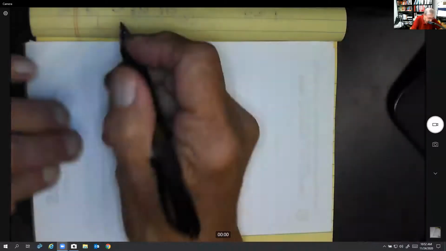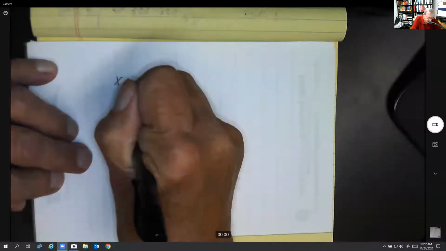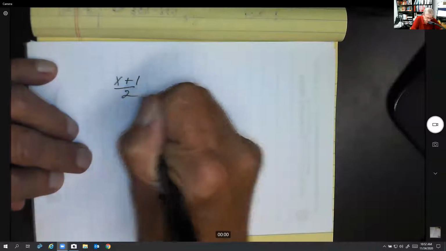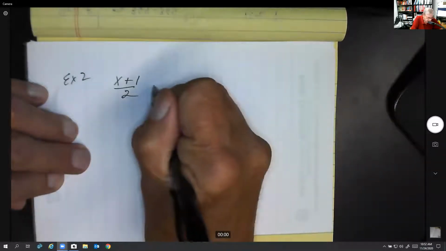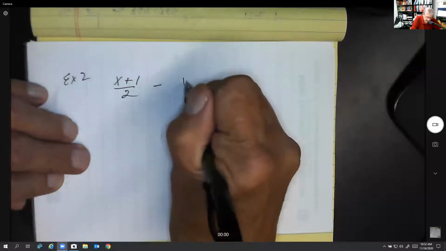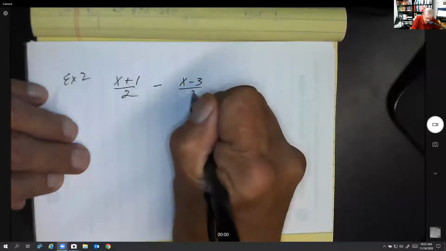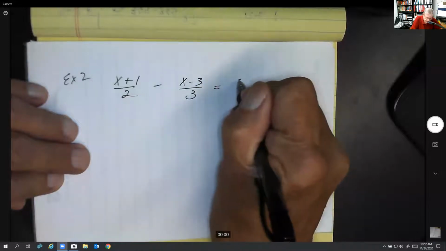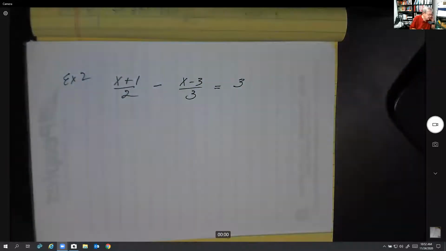Okay, let's try another one. More complicated looking. This is example 2. x plus 1 over 2 minus x minus 3 over 3 equals 3. Here we have some x's, and they're not in the denominator, but it is kind of complicated.